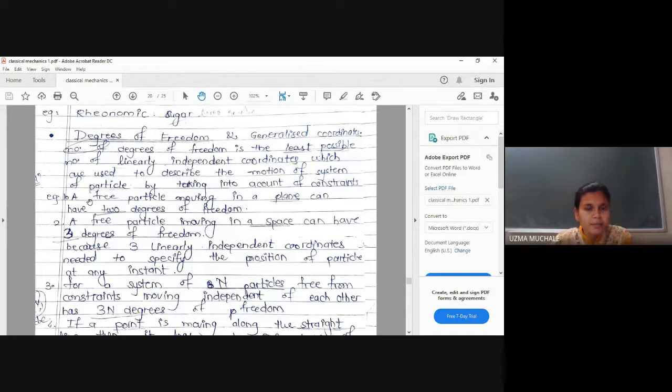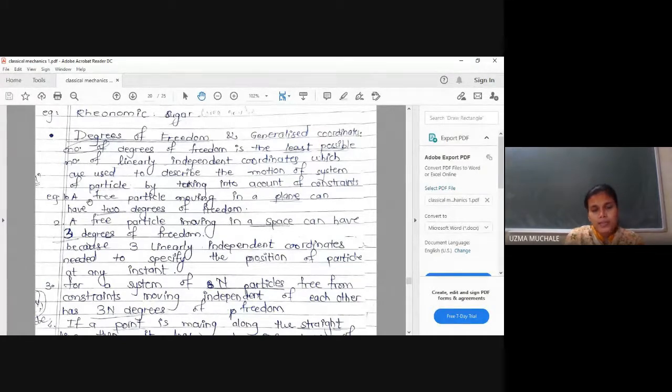How can you say they are dependent? Because the vector 2 comma 2 equals 2 times 1 1. That is, one vector can be expressed in the form of another vector with the help of some scalar, right?